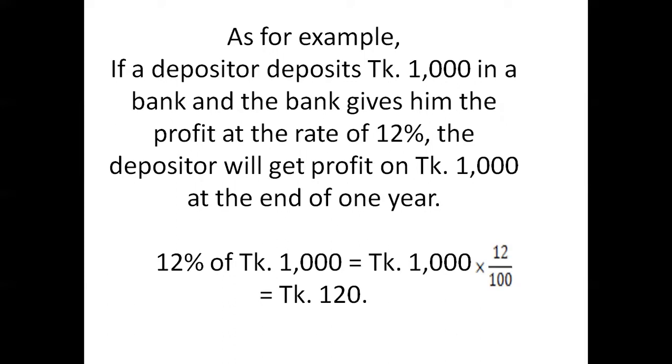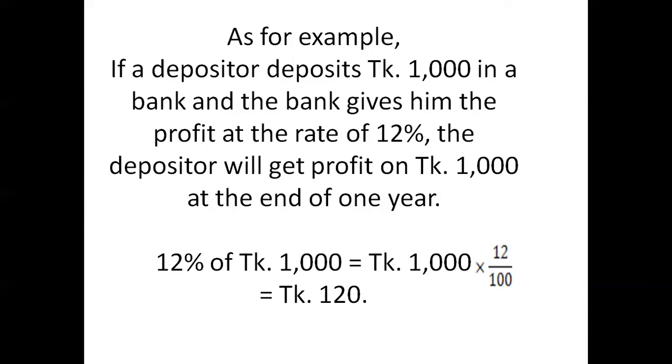Let a depositor deposit taka 1000 in a bank and the bank gives him the profit at the rate of 12%. That is, a person deposits 1000 taka and the bank agreed to pay him the interest at the rate of 12%. The depositor will get profit on taka 1000 at the end of 1 year.